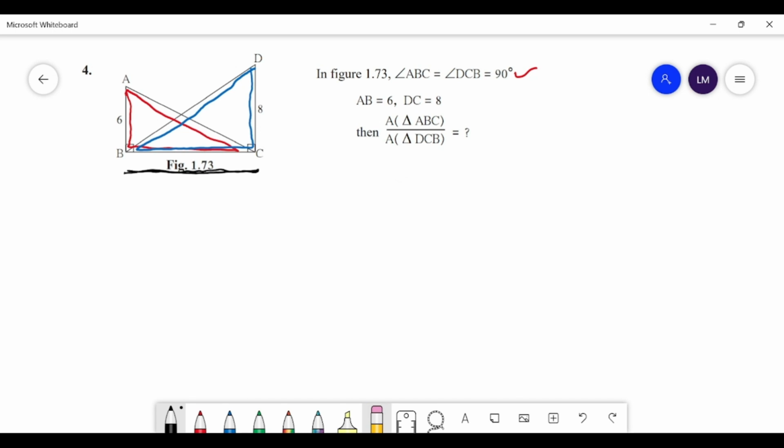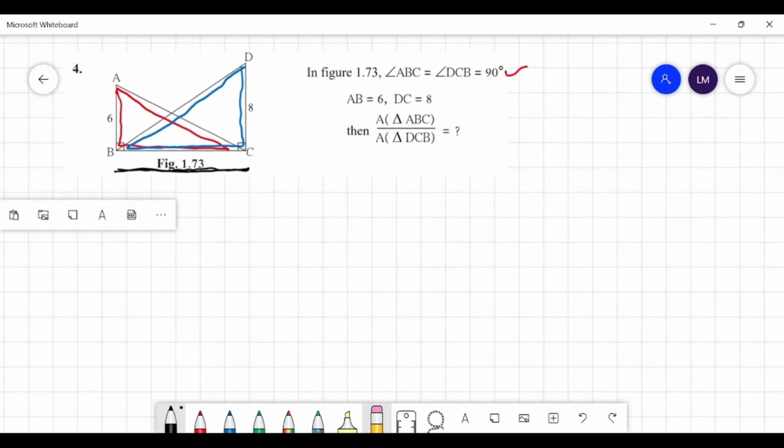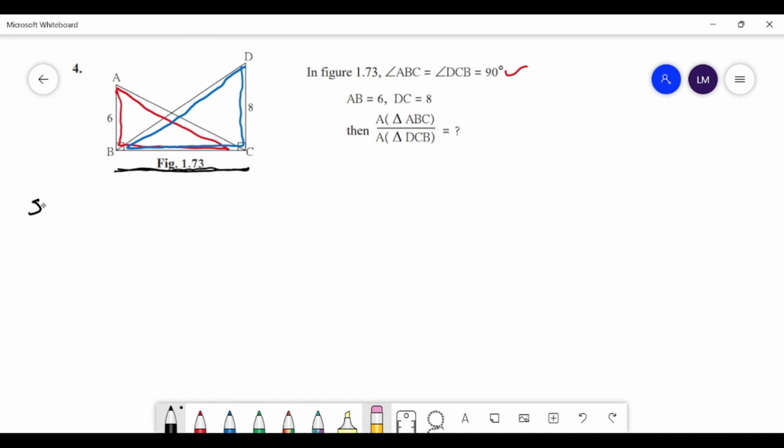Now this same thing we will be writing in the solution. So in solution we can write, triangle ABC and triangle DCB have a common base BC.